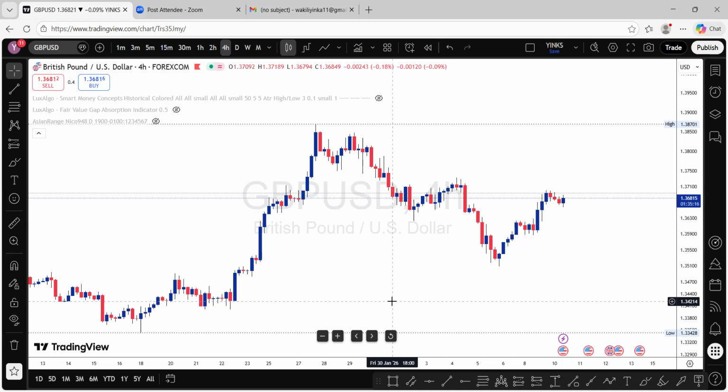Okay. I meant resistance and support. That was what I meant. Yes, right. Resistance and support. That's good. Okay, so I'm going to start with the market structure, which Justice and Samuel are having issues with. They are talking about how to identify it, how to understand it.